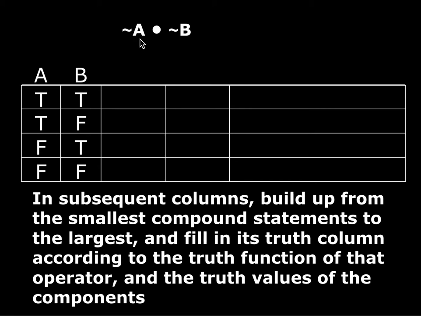For each one of those, we're going to fill in its truth column. And we're going to use the truth function of the statement's main operator to tell us how to do that.